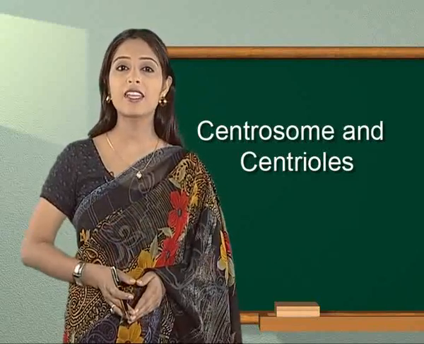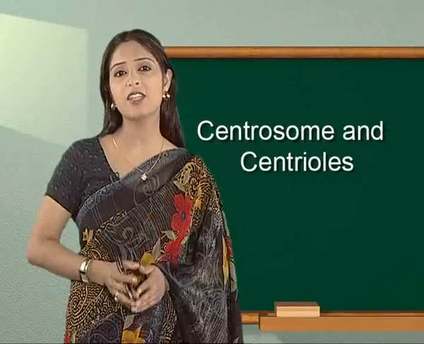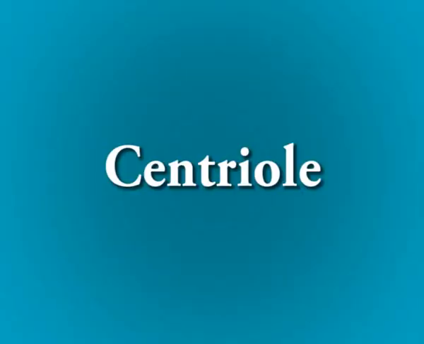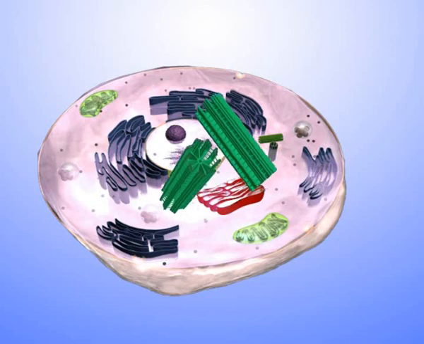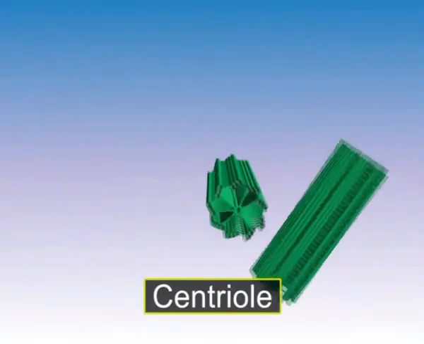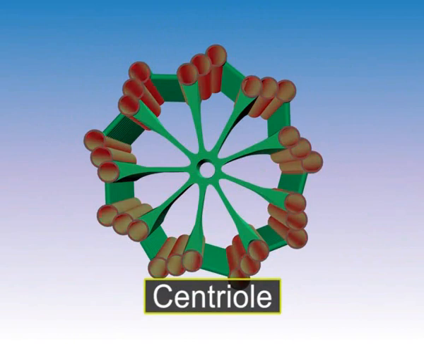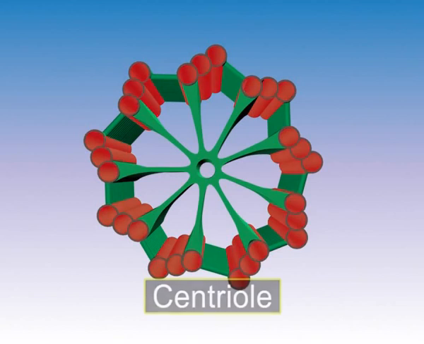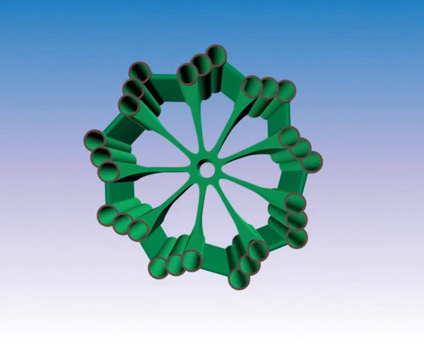Let's look at them and try to learn more about them. Centriole. The walls of each centriole are usually composed of 9 evenly spaced peripheral fibrils of tubulin protein. Each of this fibril is a triplet.